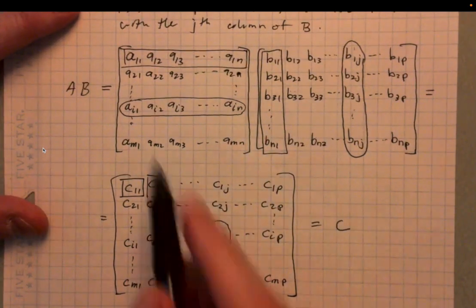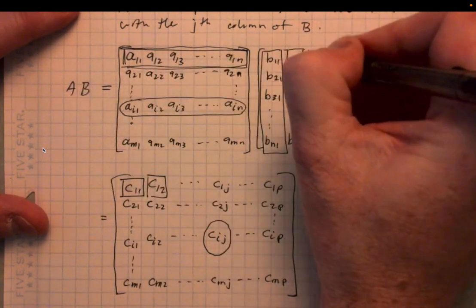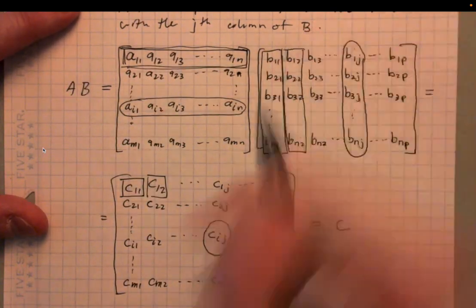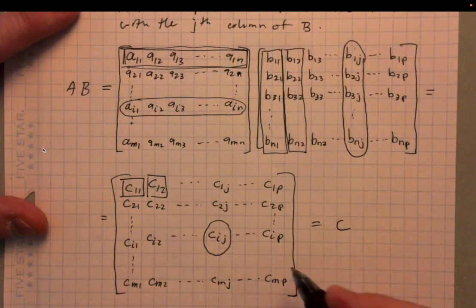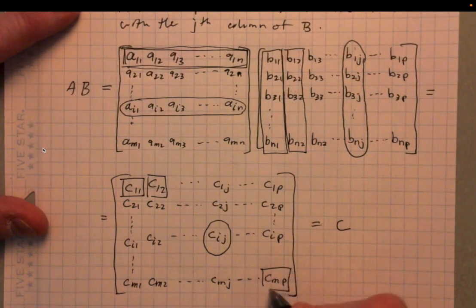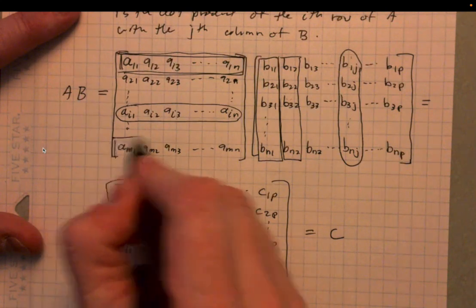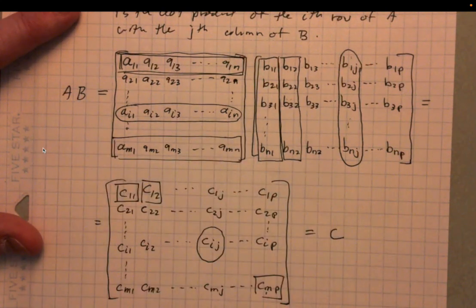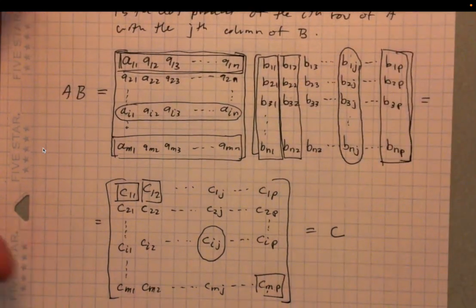Well, it's the first row, so again, it's the same row as before, dotted with the second column of B, right? What about CMP? Where does that come from? Well, it's the mth row of A, so it's this one here, and it's going to be dotted against the pth column of B. That one there. That's the idea.